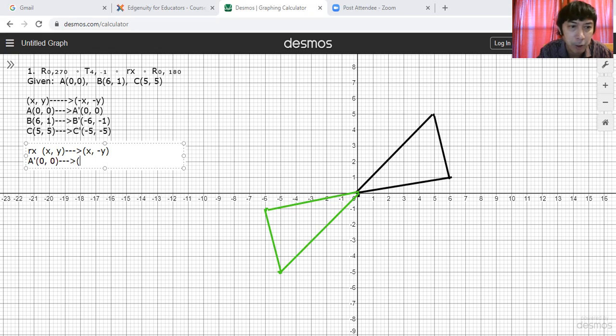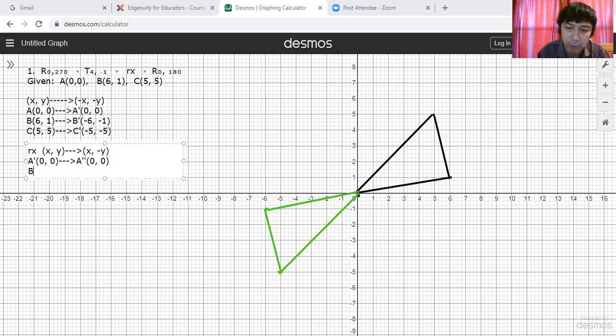And then we have x will remain x, and then y prime for the value y, which is a negative of the 0, that will remain 0 there. And we shall not forget the A double prime there. So that goes to our transformation reflection.